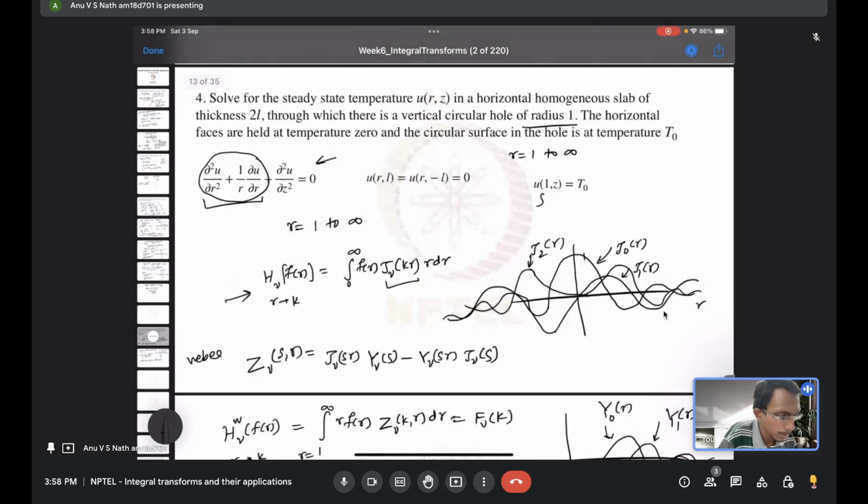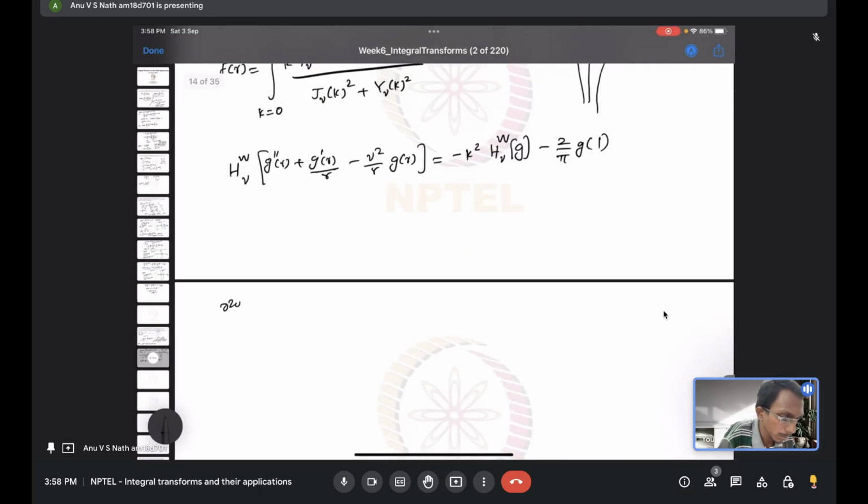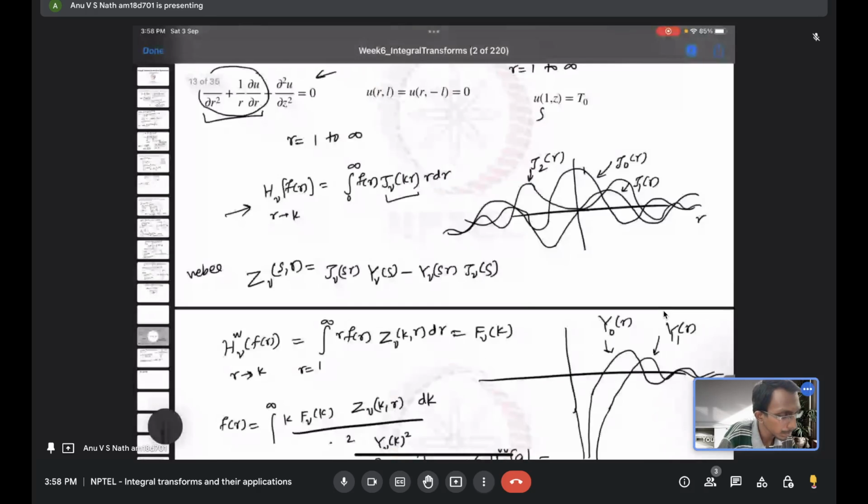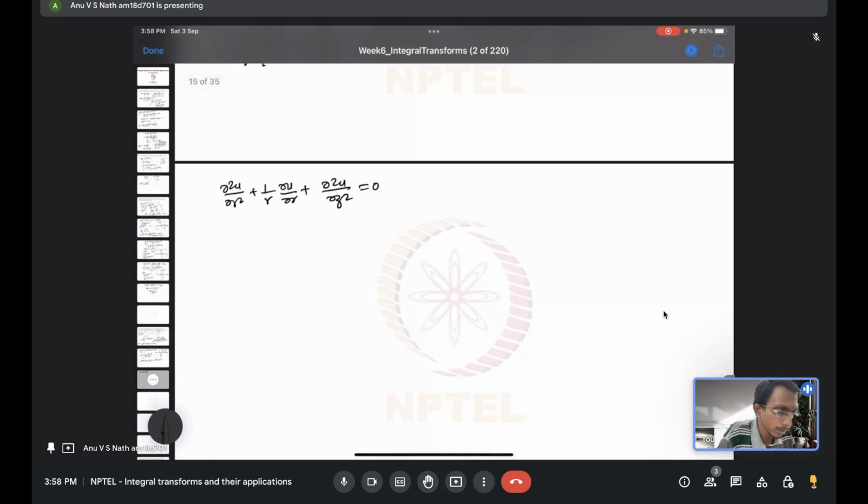So let me write the equation again. It's dou square u by dou r square plus 1 over r dou u by dou r plus dou square u by dou z square, which is equal to 0. Where u is a function of both r and z, we are going to take the Hankel transform.